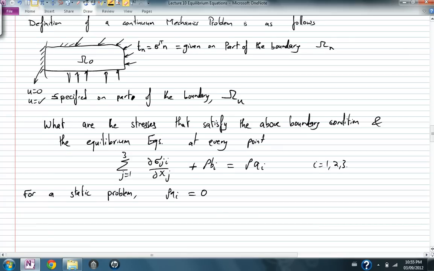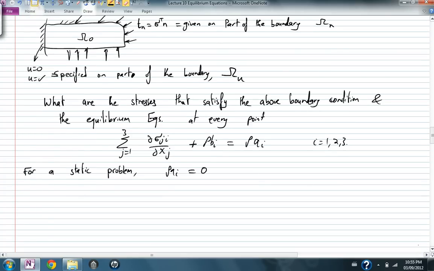And the reason why they're not easy is that we have two difficulties that I'm going to discuss right now. So, difficulties associated with the above three equations.